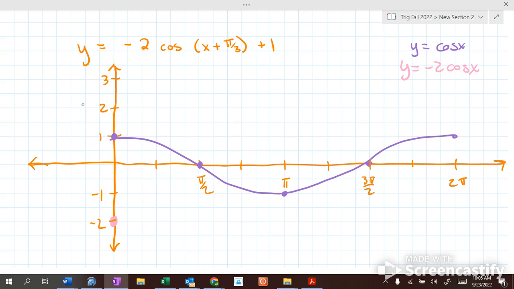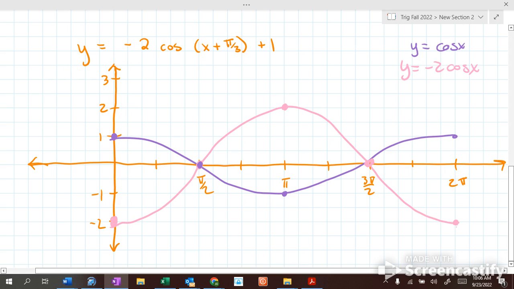Where's our pi over 2 point going to be at? 0. Pi will be at 2. 3 pi over 2, 0. 2 pi, -2. All right. Does that show up? It shows up decent on the board.